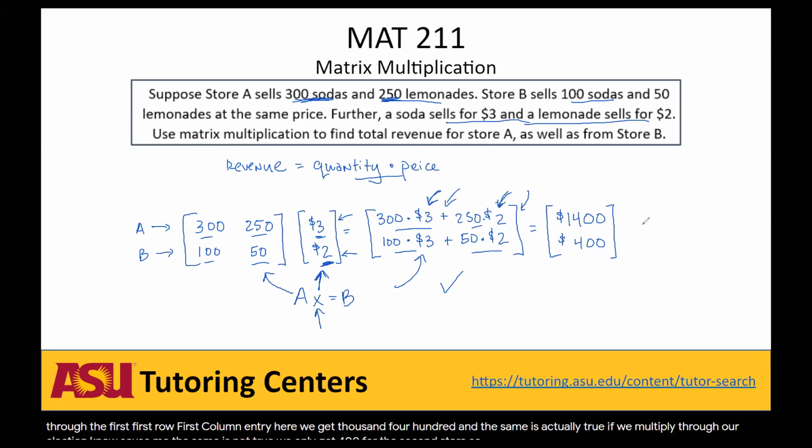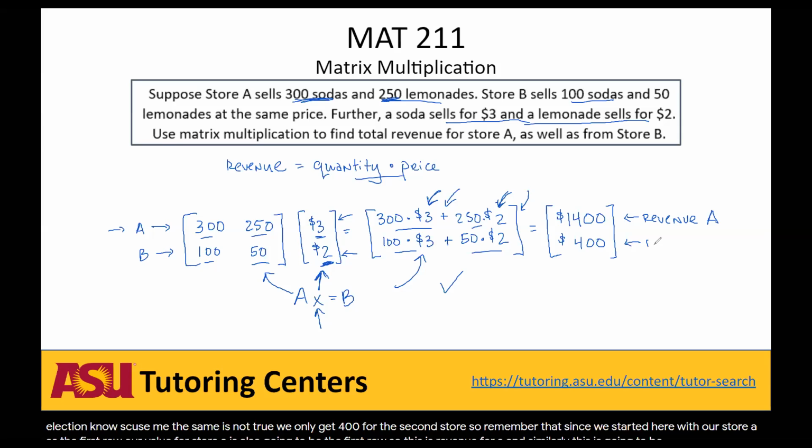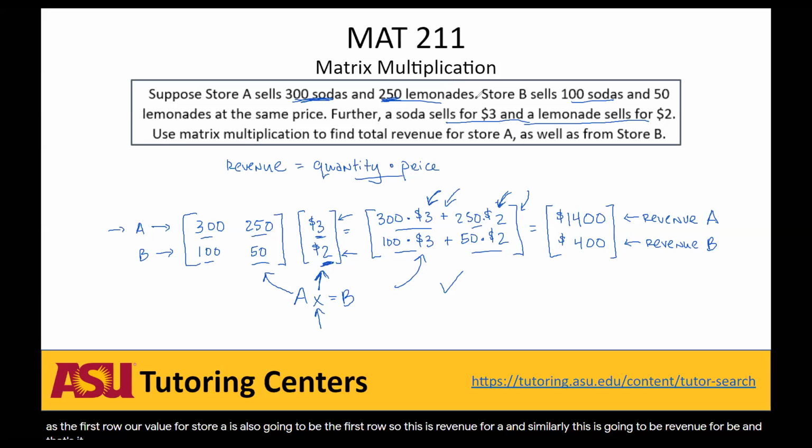Remember that since we started with store A as the first row, our value for store A is also going to be the first row. So this is revenue for A. And similarly, this is revenue for B. And that's it. So that is our final answer.